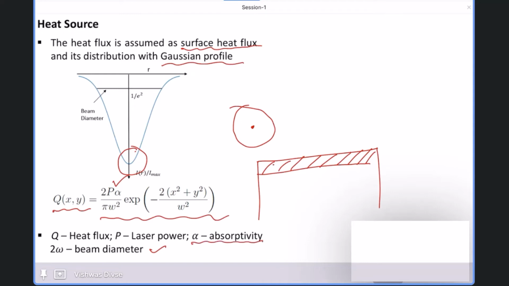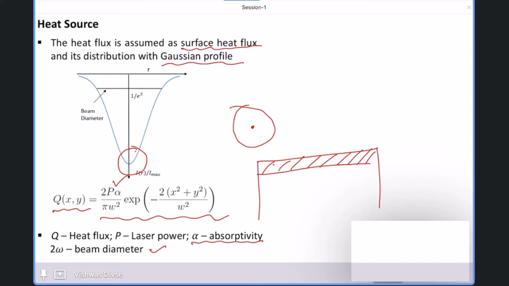Whenever some laser heat is incident on the workpiece, the whole heat will not be absorbed. Some will be reflected, depending on the metal property, because some metals show very high reflectivity. Some will absorb more, some will emit, like that. So this absorptivity is a material constant. For a given material, you will get this value in the literature.